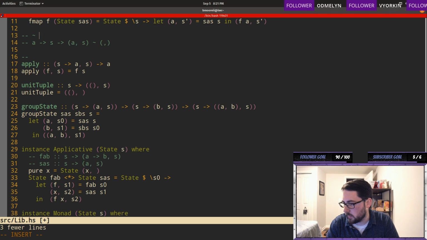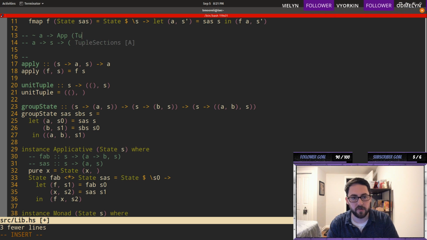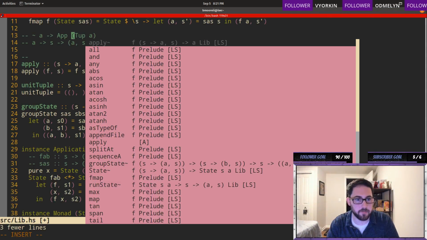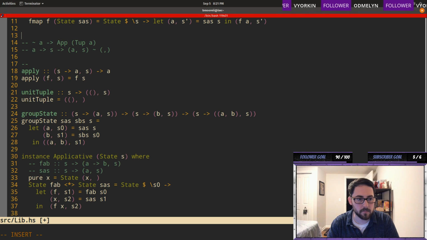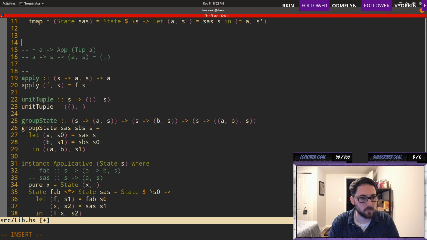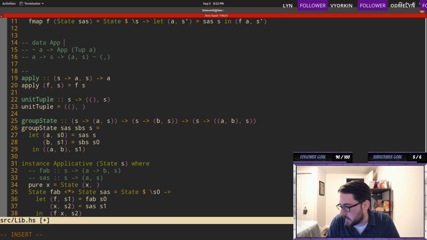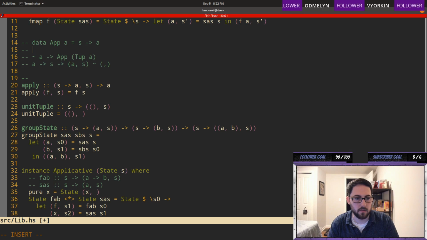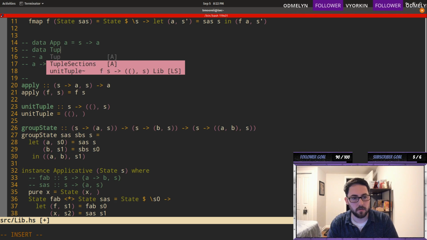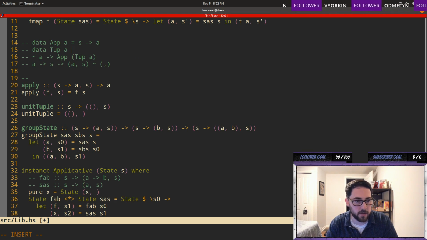So you can write equivalent to A to app top A. Data app. Give me a second if you're typing. I just need to find these. App A. Top A.